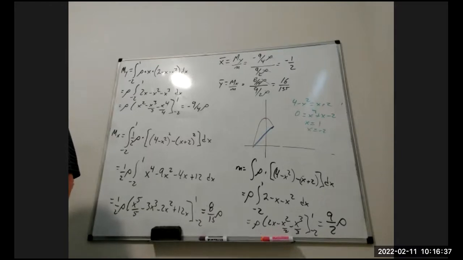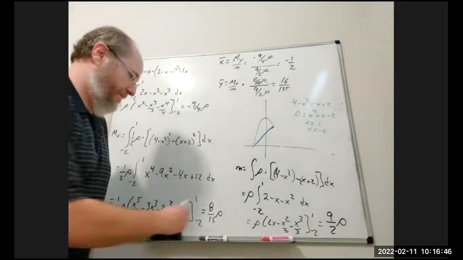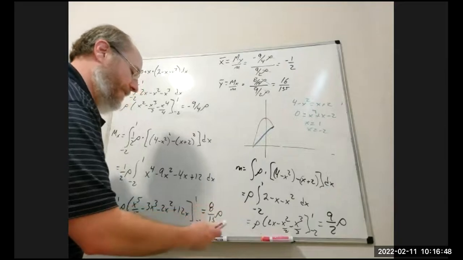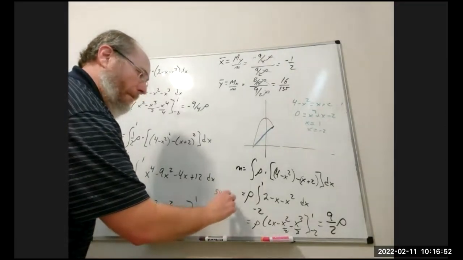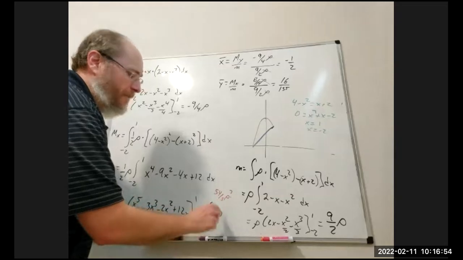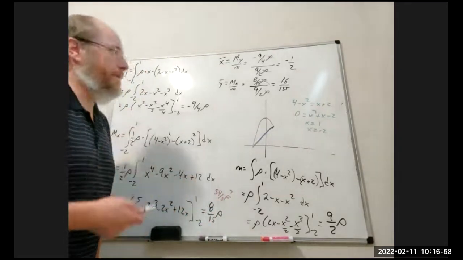I definitely gave you the wrong value there. I apologize. I should have calculated this number. Maybe it's 54/5. I don't know, something funky's here. So if you get a different value, just go with it. It's because I messed it up.